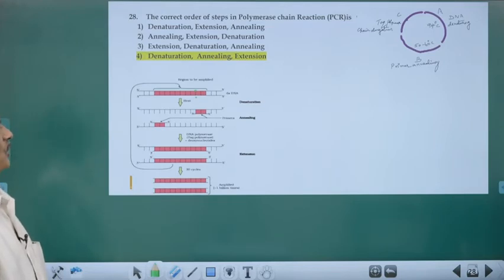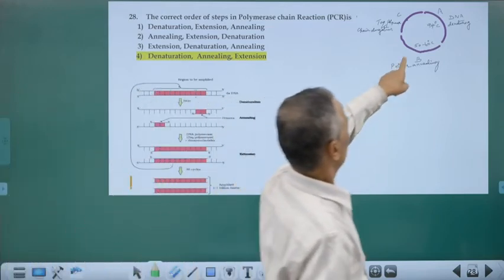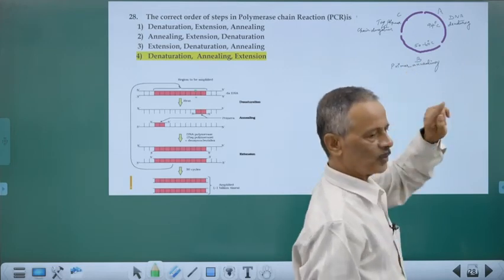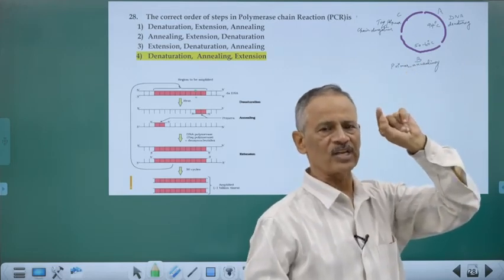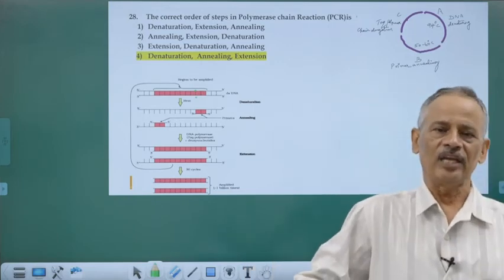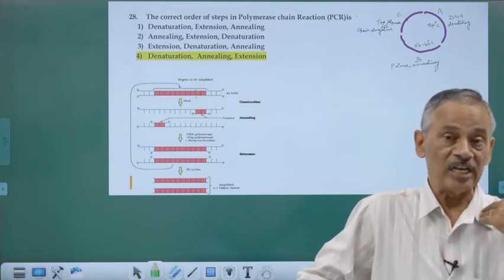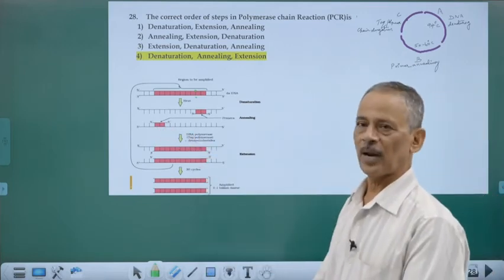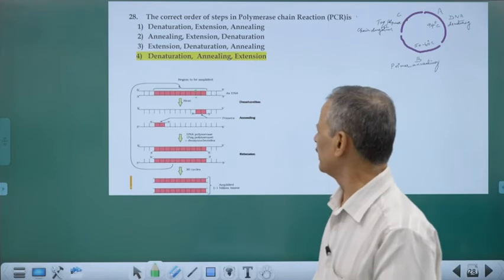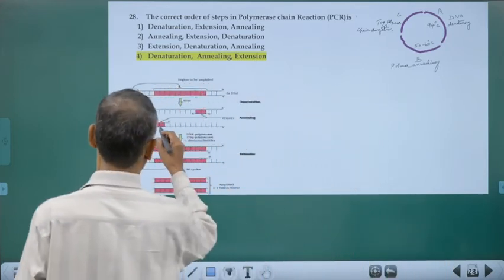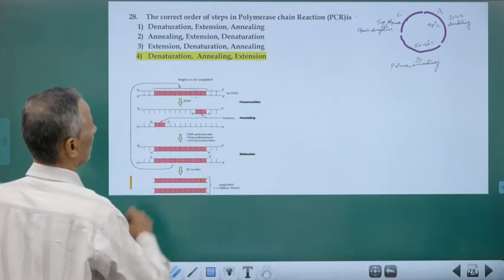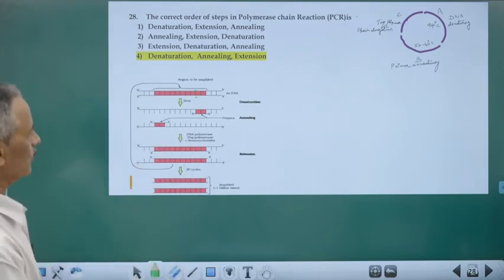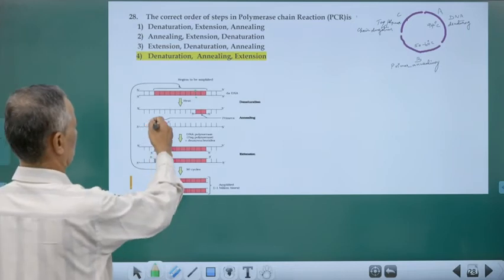Now the temperature is brought down to 50 to 60 degrees. What are primers? Small molecules of single-stranded DNA, of which we have artificially produced 2 copies. They become attached to the 3' end. Always primers will be attached to the 3' end. That is called primer annealing, so that it becomes double-stranded for that part.